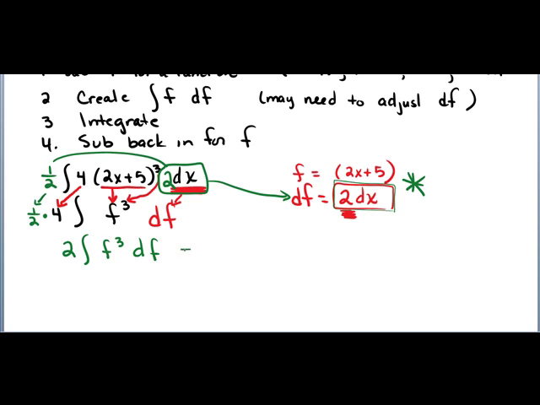Now we can integrate this, and so when we integrate, remember we increase our power. So this would be 2, increase our power by 1, divide by the increase. 2 over 4 becomes 1/2 f to the 4th. And now, in place of f, I'm going to put back what it equals, (2x plus 5) to the 4th. And now I can add my plus c.